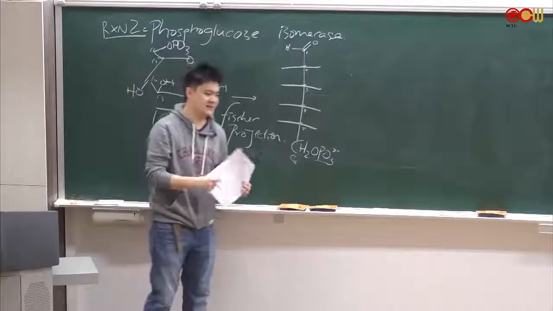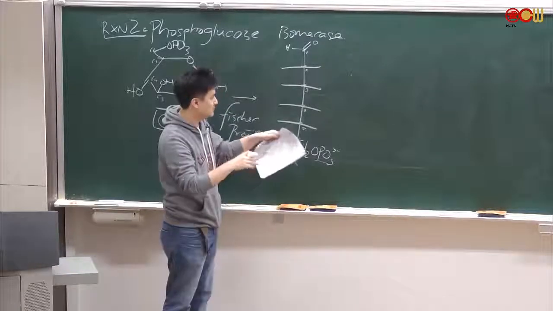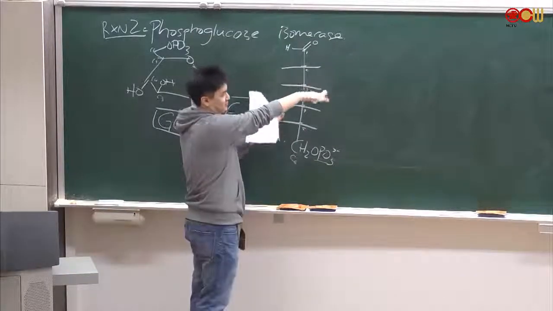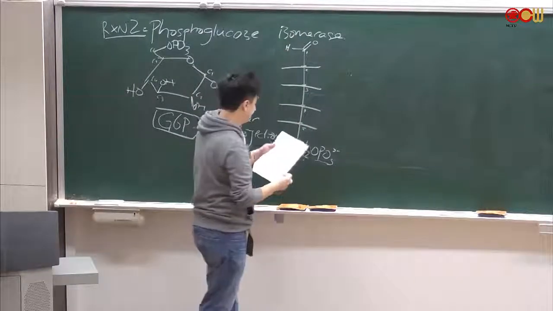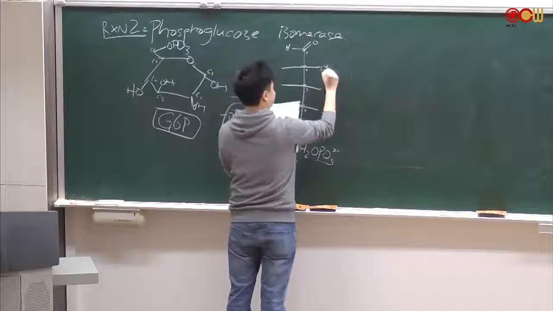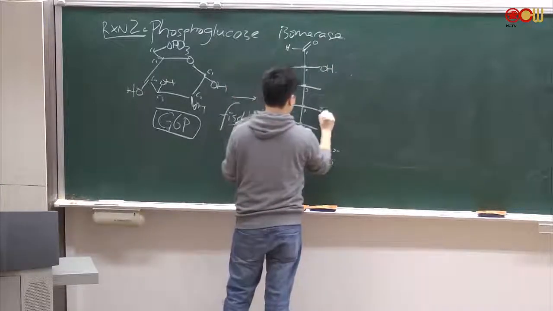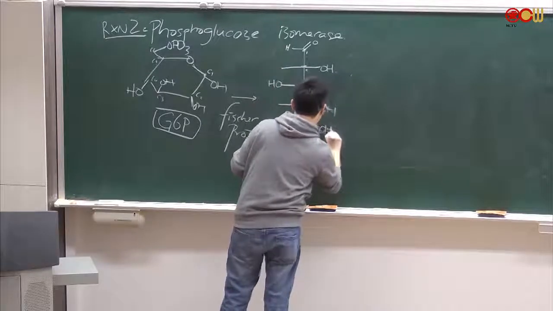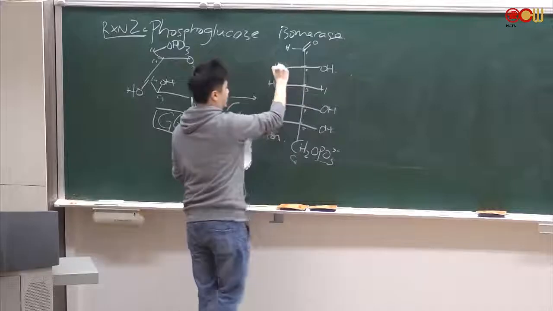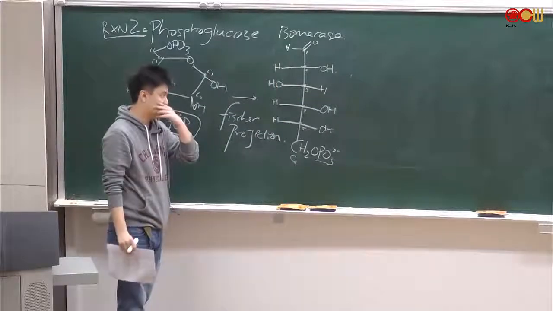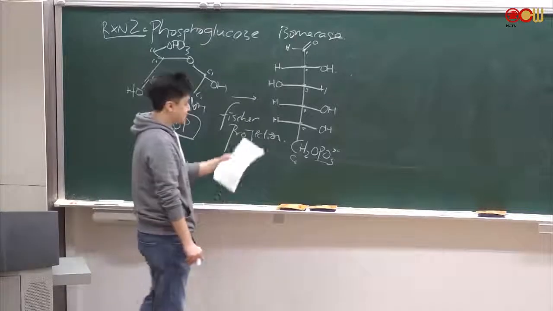Remember that animation I showed you, how it goes from the Fischer projection, it's going to twist, twist, twist, and then form the Haworth projection? OH, OH. Hydrogen, hydrogen, hydrogen. Okay, so this is glucose 6-phosphate in its Fischer projection form. So it's 6 carbons.